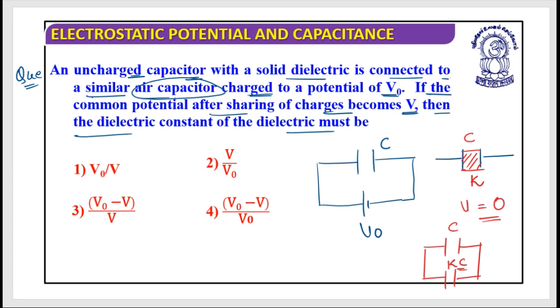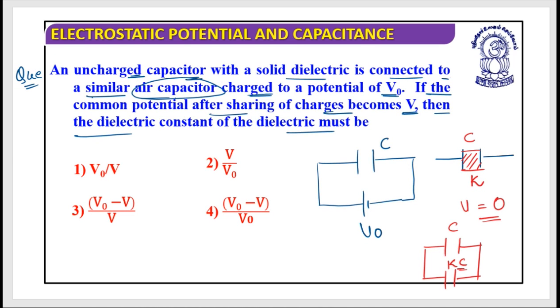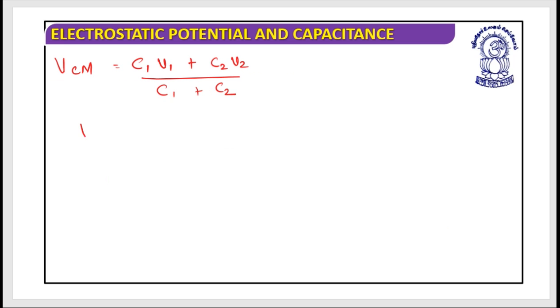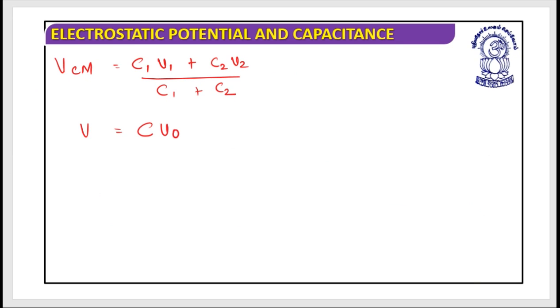I need to find out the dielectric constant of the dielectric medium. Yes, so what I can write is, the common potential V would be equal to C1V1 plus C2V2 divided by C1 plus C2. The common potential will become V. This is equal to C into V naught plus, this is KC but as it's uncharged, it's 0, divided by C plus KC.